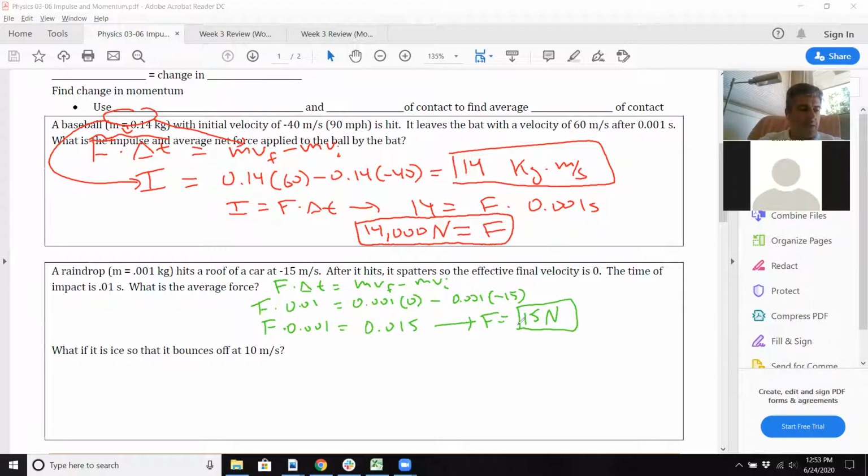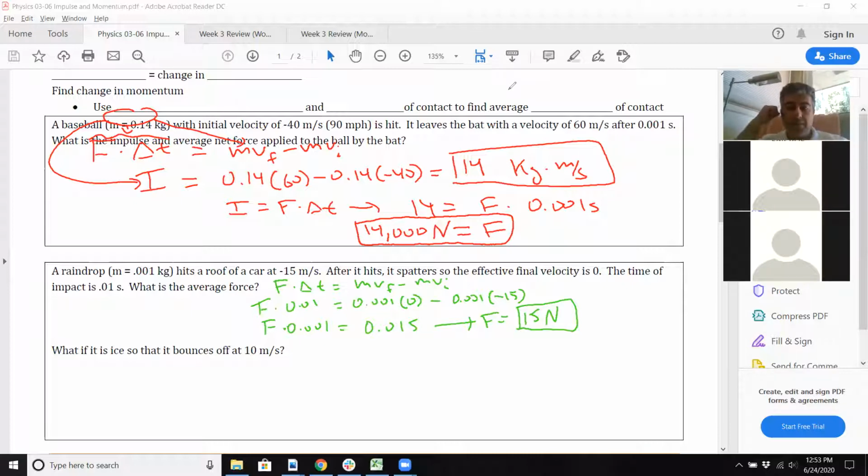So any questions about that one? We're okay? Okay, good. Then you're being asked, what if it is ice so it bounces off at 10 meters per second? So you're just going to kind of redo the problem. Wait, Mr. E, isn't the time 100th of a second? Yeah, you're right. You're so good at catching my mistakes. So actually it's 1.5 newtons.